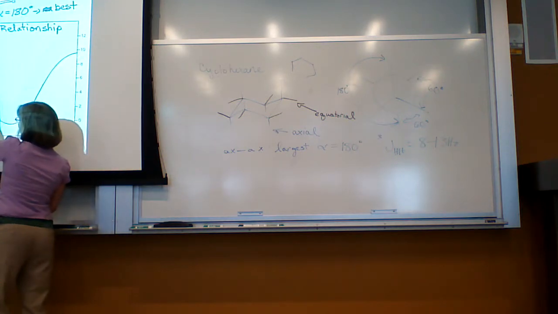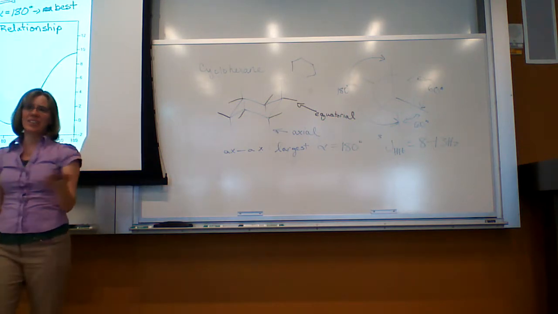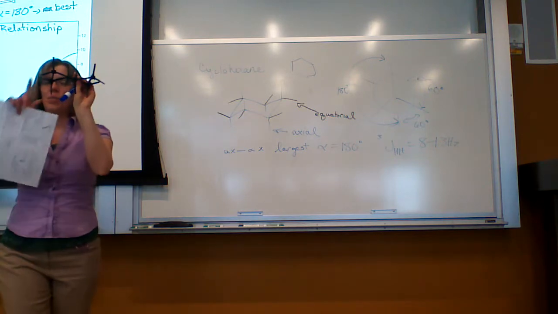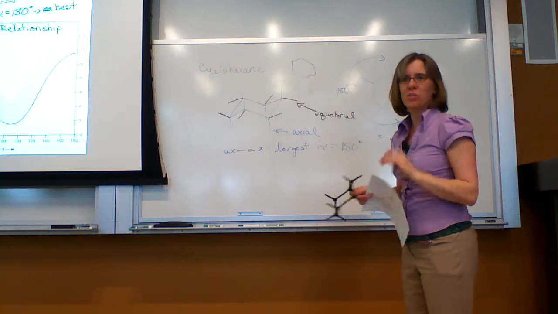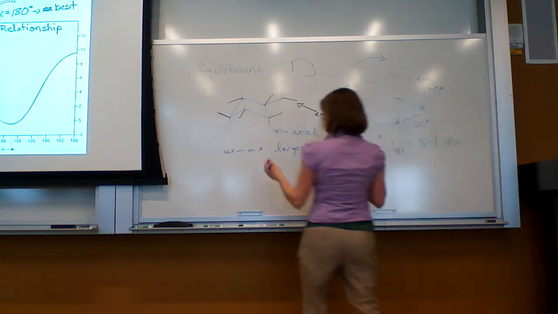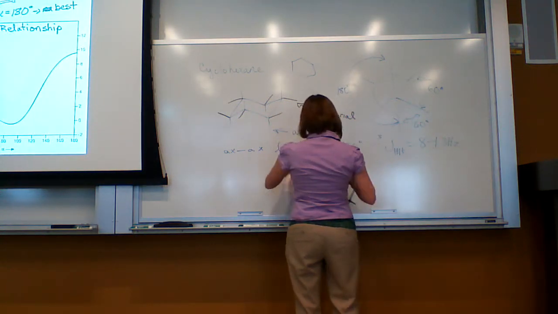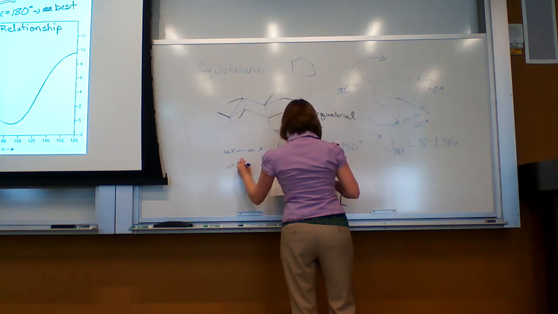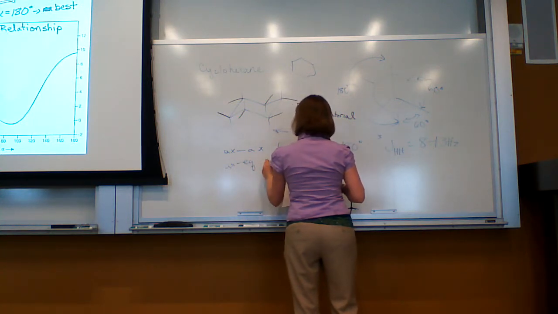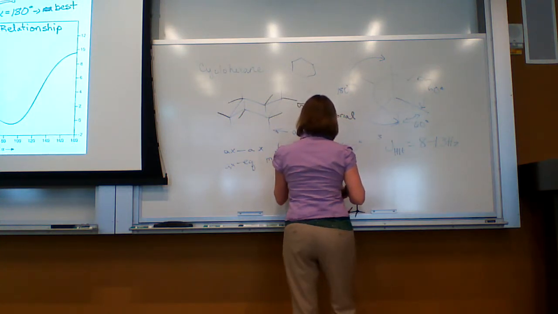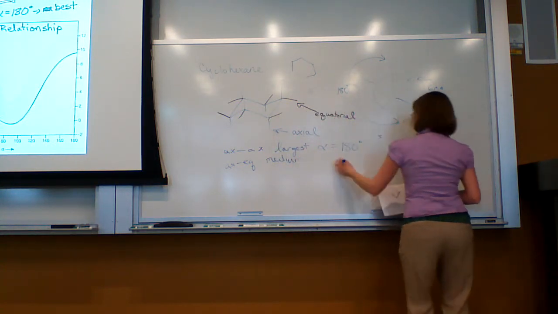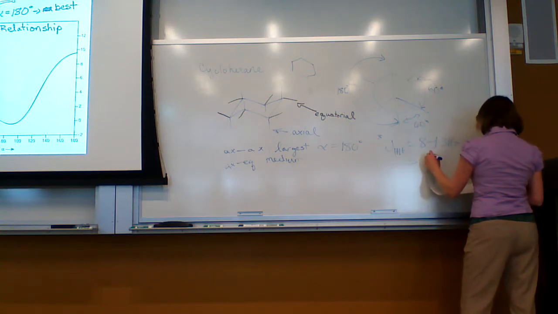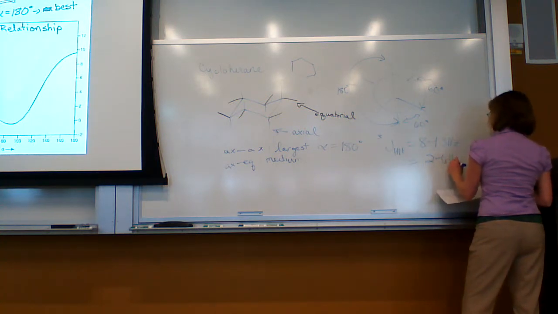And actually 60 is one that we're going to see a lot, because 60 is a pretty common angle between two hydrogens in a gauche interaction. In this structure, your axial-equatorial is going to be the medium one, and your coupling there is going to be 2 to 6 hertz.